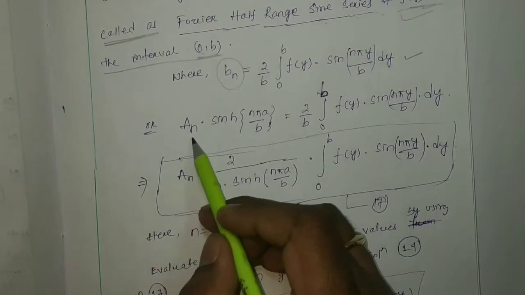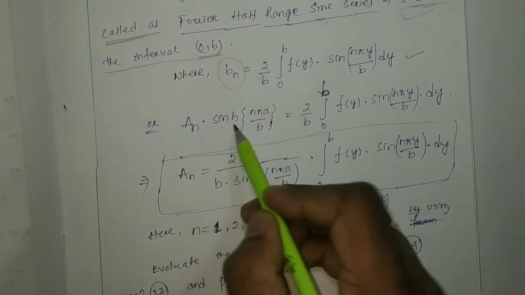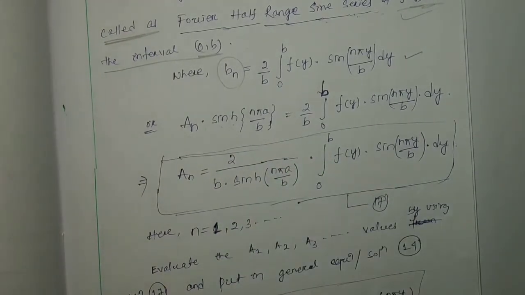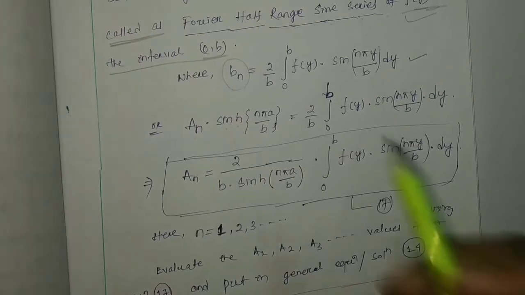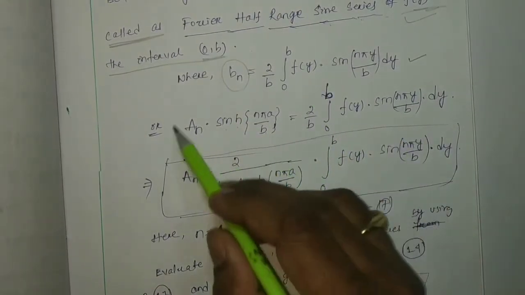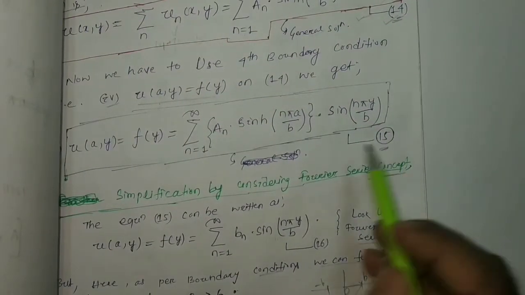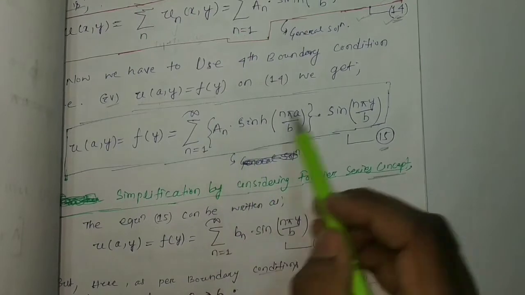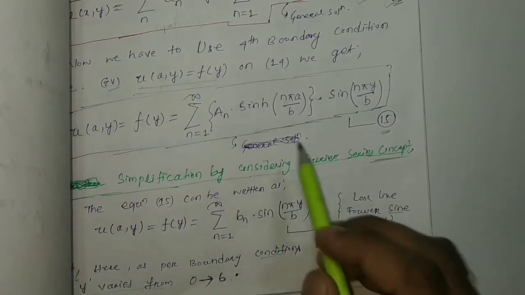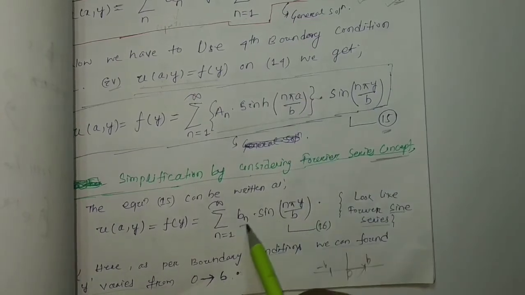Or an into sinh(n pi a by b) equals how much? It will be this much, because this constant has been considered as bn. See, in equation number 15 this constant is there, and in equation number 16, instead of this, we have written bn.